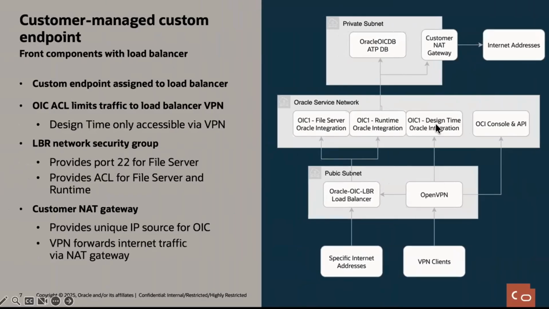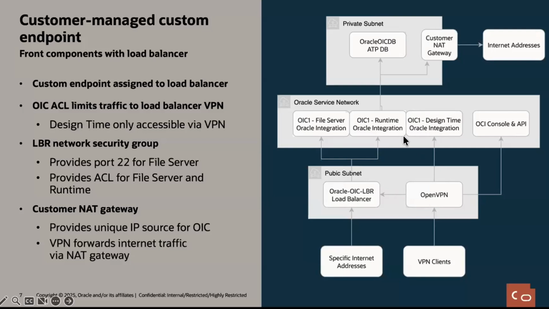The way that we can do this is by using a customer VCN to route all traffic. In my case, I've used a VPN. So in this case, I've installed a VPN server.